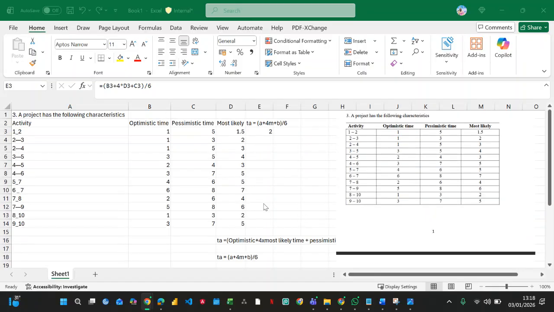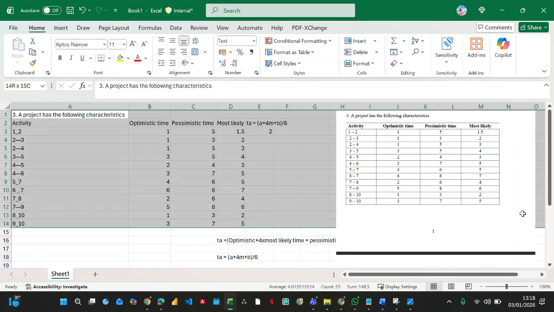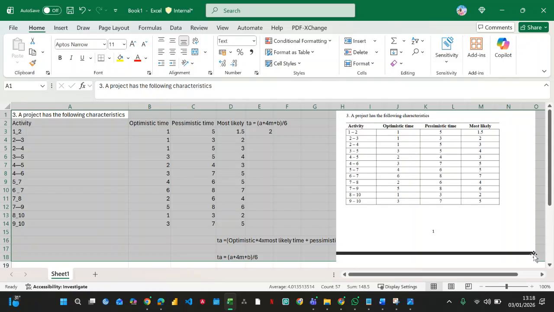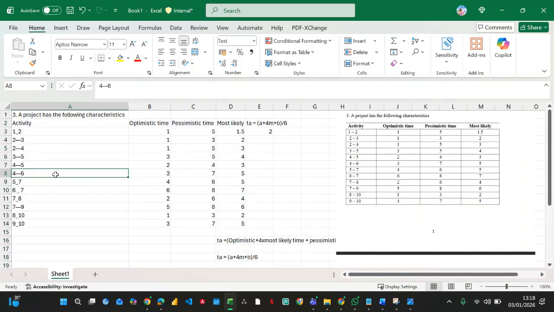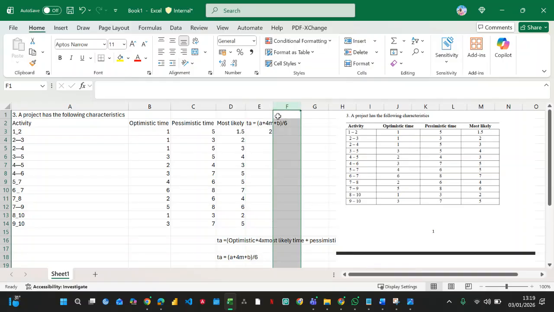What I'm seeing is the figures for row C, the most likely column, and columns E and F. Maybe you zoomed your screen.